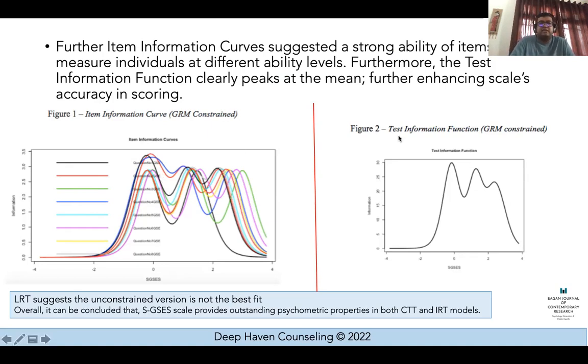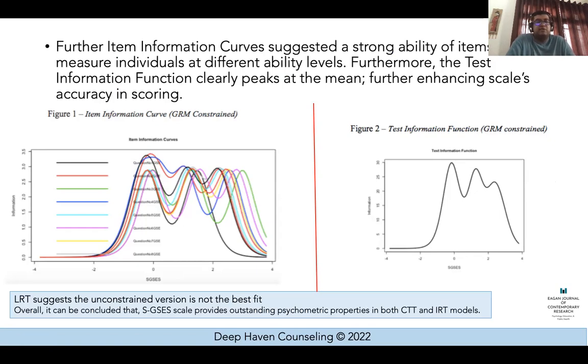And then we ran the test information function as well, to see how the entire sample has performed. So you can pretty much see the scoring and also the degree to which the sample represents or identifies with the latent trait.